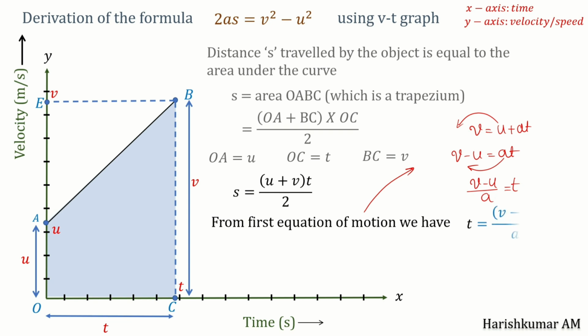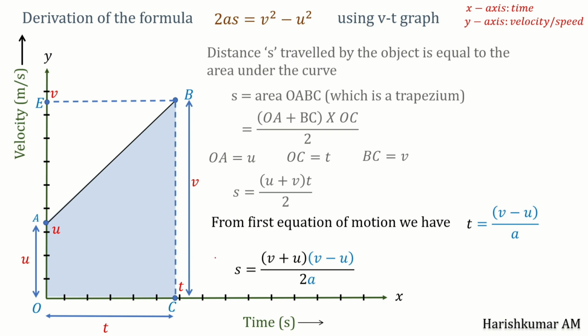So, t is equal to v minus u by a. Substituting this value of t into the previous equation, we have got s is equal to v plus u into v minus u by 2a.